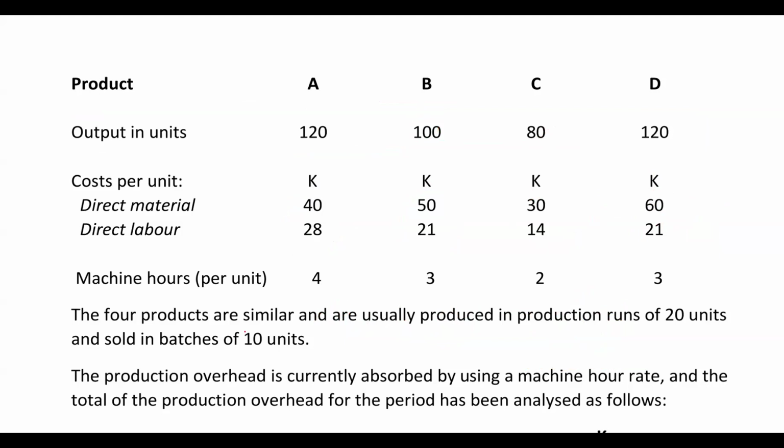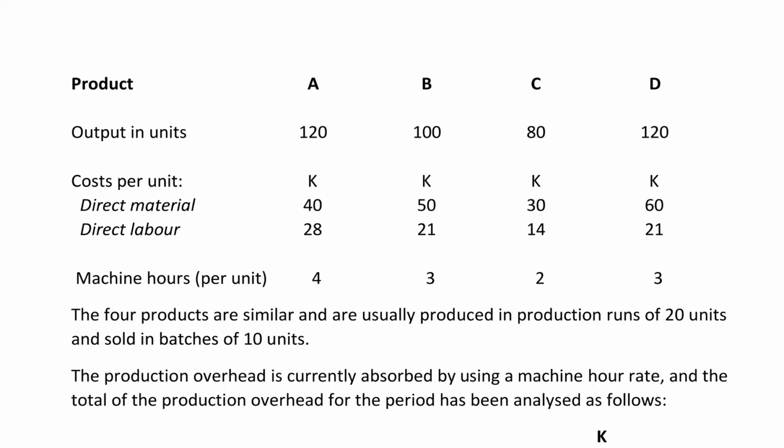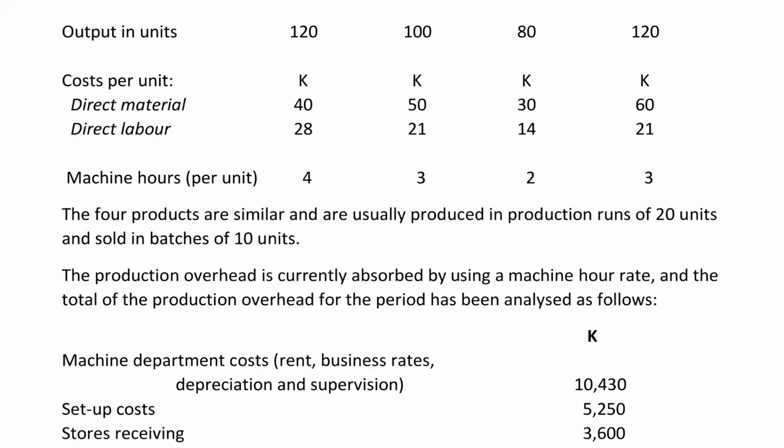After we are given these costs and the units, we have already found the prime costs, right? You've seen how the prime cost is found. Then we're given that there are machine hours that are allocated for each of these products. So the additional information is that the 4 products are similar.